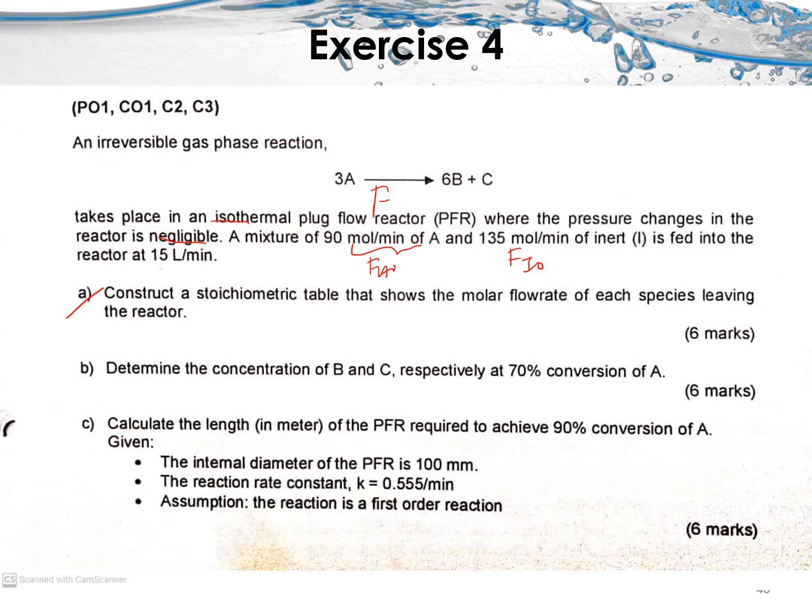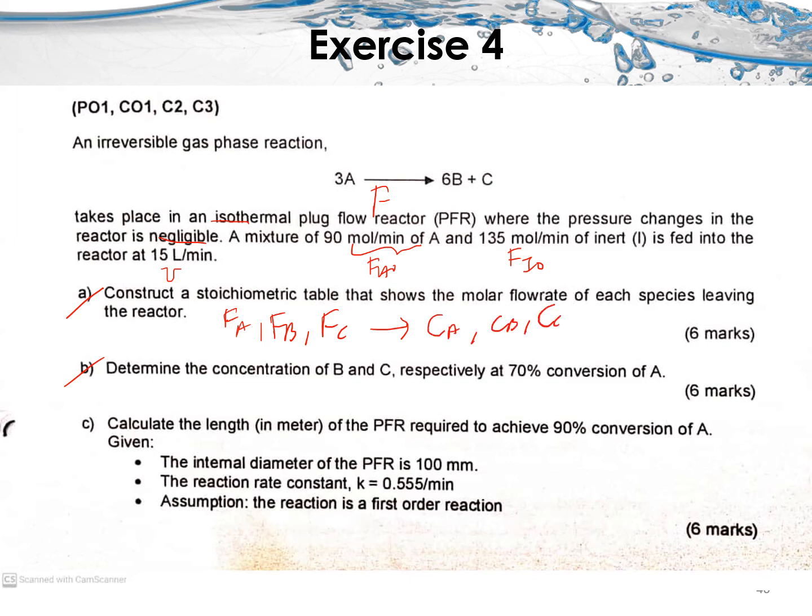So this is a volumetric flow rate, liter per minute. You just construct the table in terms of F, and for the concentration, make sure from the F that you obtain the leaving. For FA, FB, FC, you need to convert into concentration, so you get CA, CB, and CC.